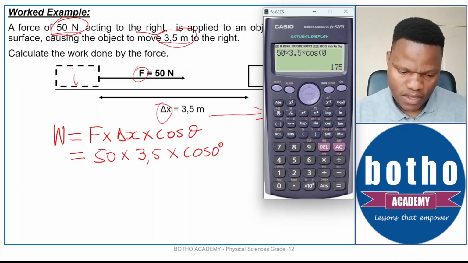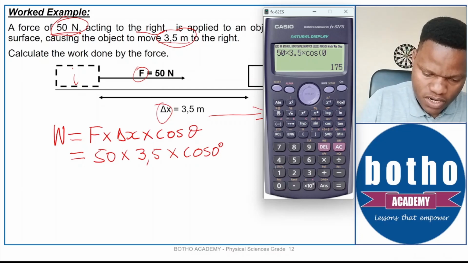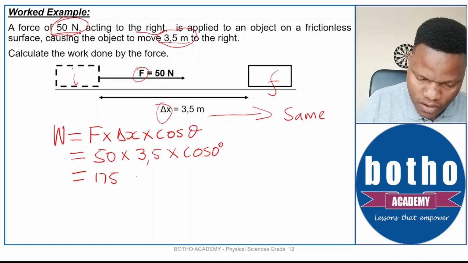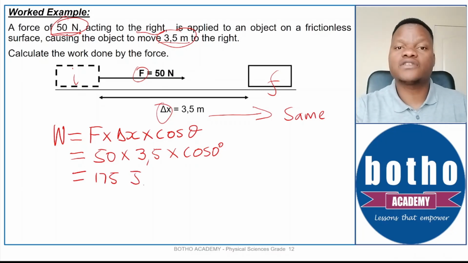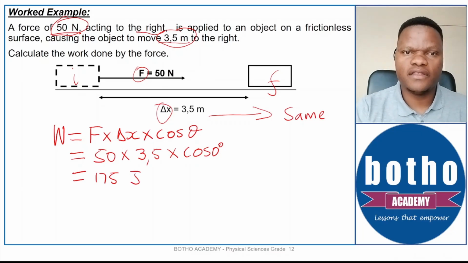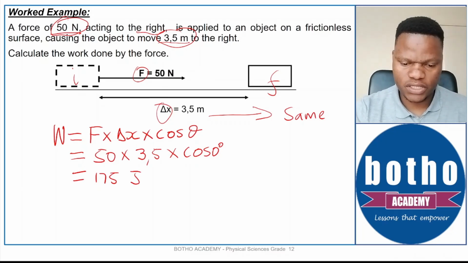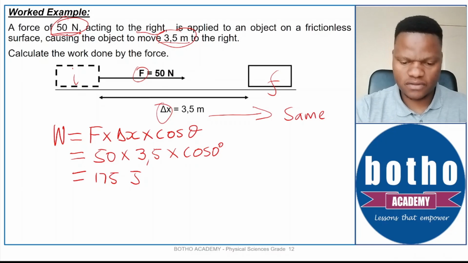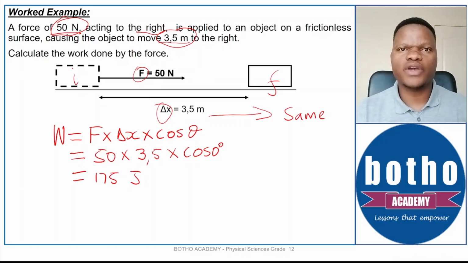The answer that we get there is 175. Okay, 175 joules is the answer for the work done by the applied force of 50 newtons to move an object from the left to the right. That is how we calculate work done on an object by a force.